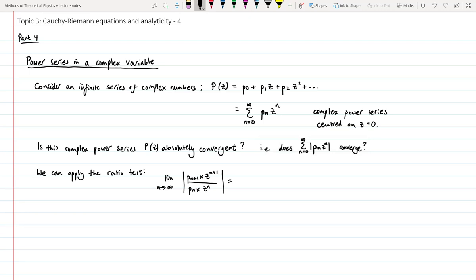We can take a factor of modulus z out of the front, and we're left with Pn plus 1 divided by Pn, taking the modulus. From the ratio test, we know that this has to be less than 1 for convergence.